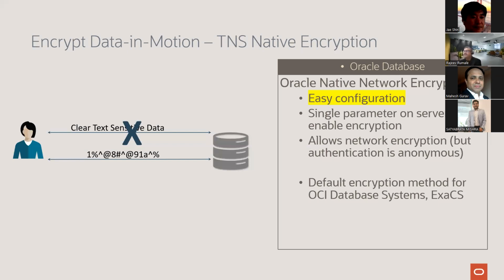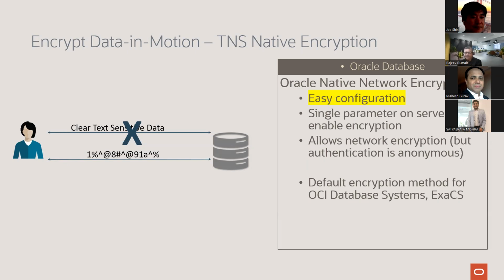So it is easy and popular. We just need to set some parameters, mainly in the sqlnet.ora, and mention that on the TNS side, which defines the network connection, right?